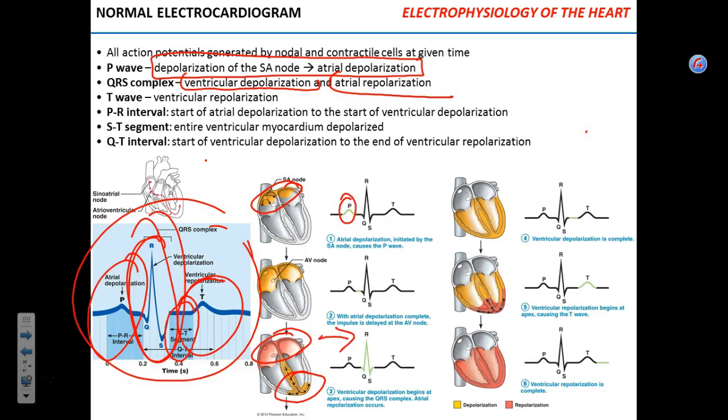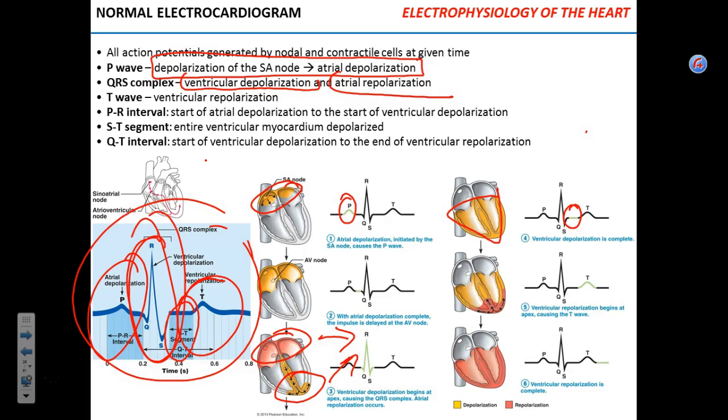So you see these two events, by overlapping, they produce the QRS complex. This time, the entire ventricular wall is depolarized. So that's sustained contraction.